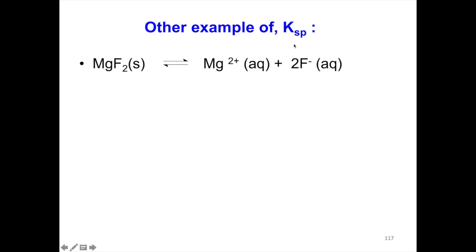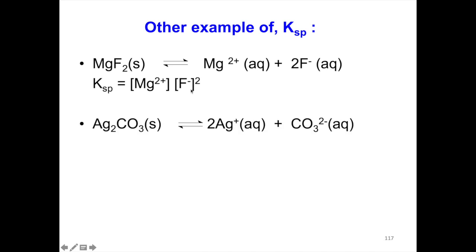Here are other examples of writing down the Ksp based on the chemical equation. The first one is MgF2 will produce Mg2 plus and 2F minus. So the Ksp is equal to the concentration of Mg2 plus times the concentration of F minus to the power of 2. The second one is Ag2CO3 will produce 2 moles of Ag plus ions and CO3 2 minus ions.